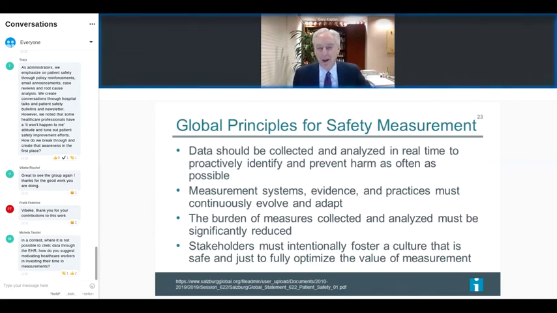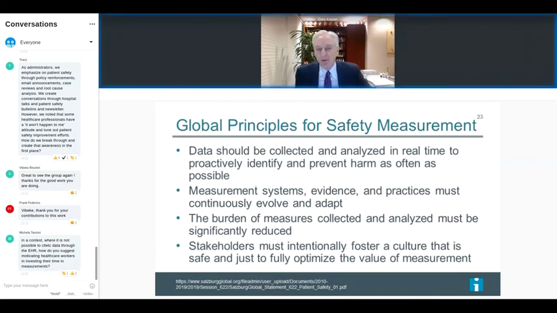I often talk about retrospective quality assurance as opposed to embedding quality and safety as a principle of the process so that you can actually create real-time quality assurance. And we believed, as we designed these principles, that we needed to, to every extent possible, collect, analyze, and report data as close to real time as possible. That's going to allow us to identify and prevent harm. That's going to allow us to be much more proactive.